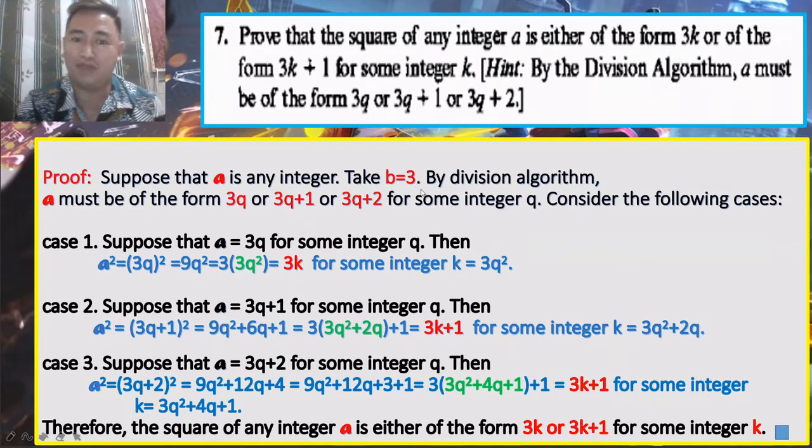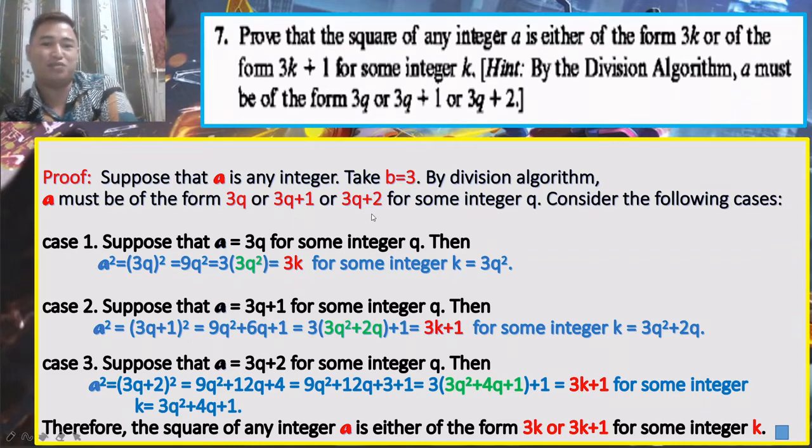So by the division algorithm, a must be of the form 3Q, 3Q plus 1, or 3Q plus 2 for some integer Q.